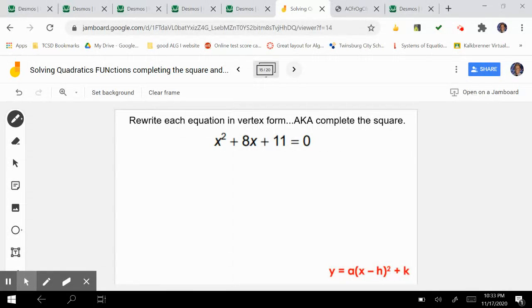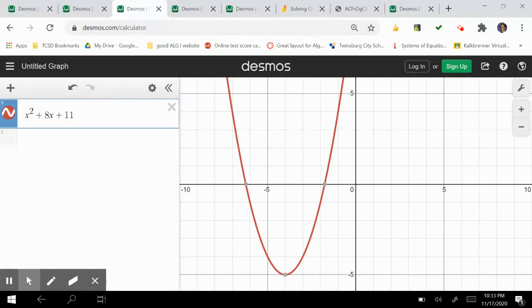Rewrite each equation in vertex form, aka complete the square. So what do I have to do here? I'm just going to rewrite y equals, what's my a value? It's right here, it's 1, so I technically don't need that. Outside the parentheses, I'm going to have x minus, take the opposite, and then plus whatever k is. So let's look at that one. Here's my point, negative 4, negative 5.